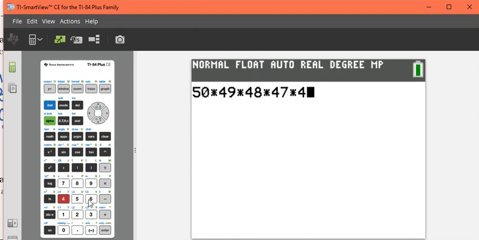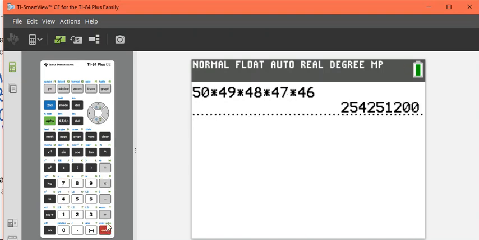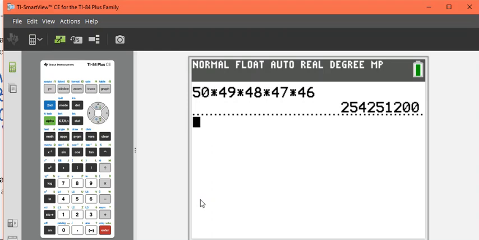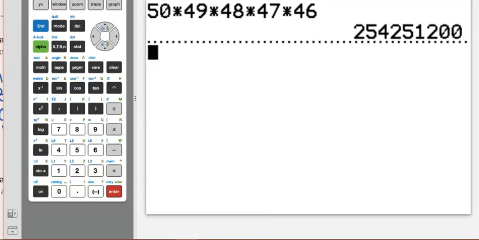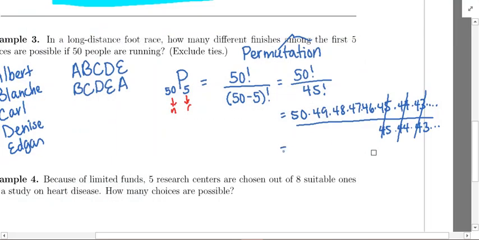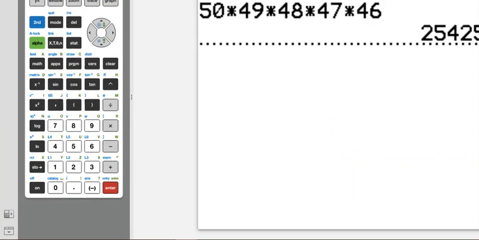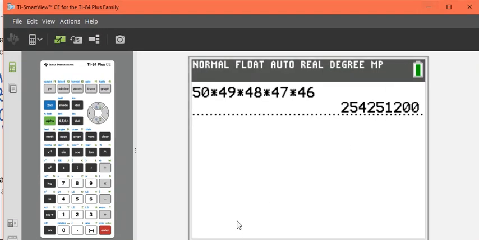Okay, so here we go. Ooh, that is a gigantic number. Let me see if I can write this down. Let me go grab the other digits. All right, then we have 200 at the end.